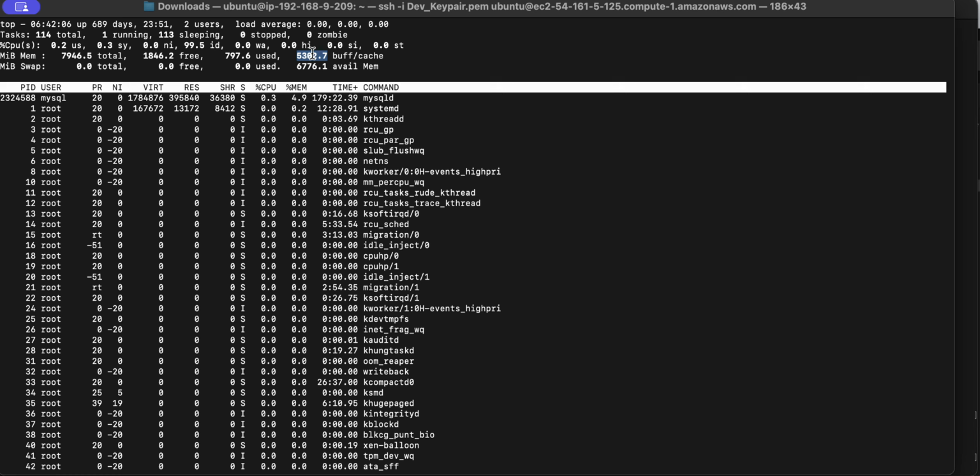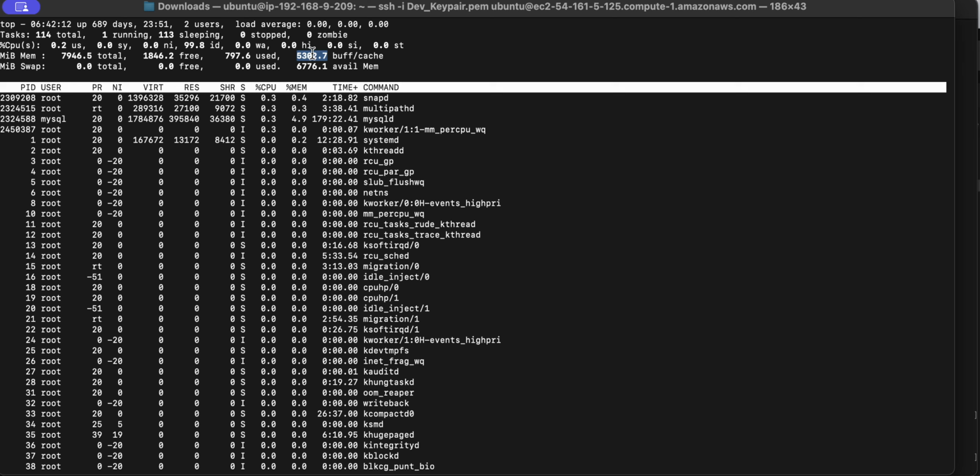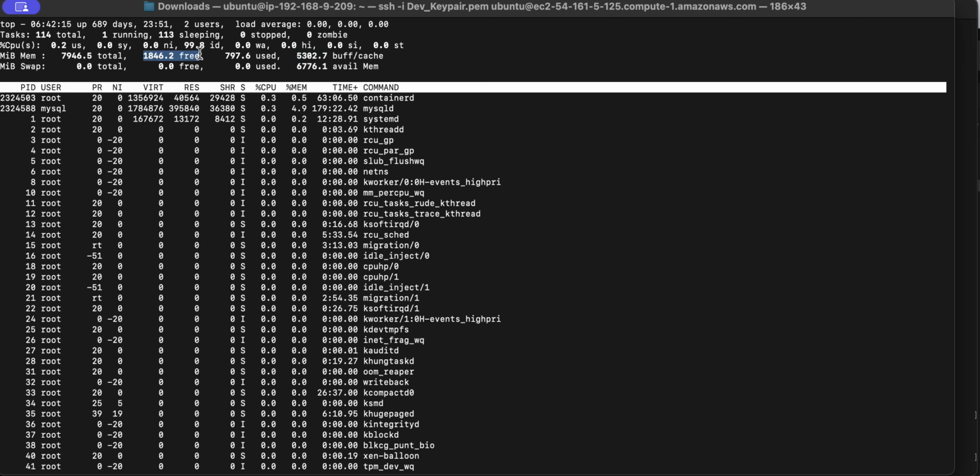When we run the free -h command, we get the same numbers. You have to see this value here. Here I have total memory 7946 MB. So the major ones are this one and this one.